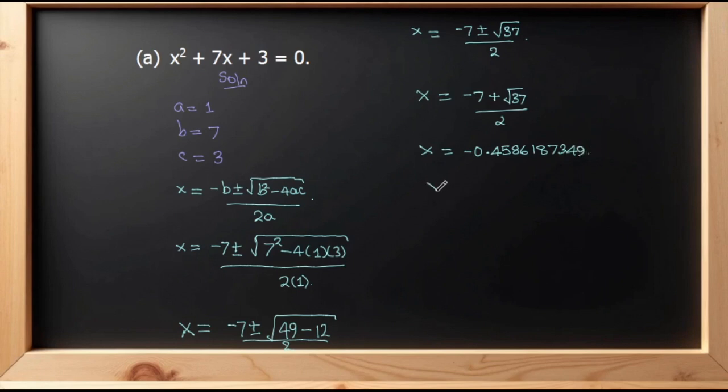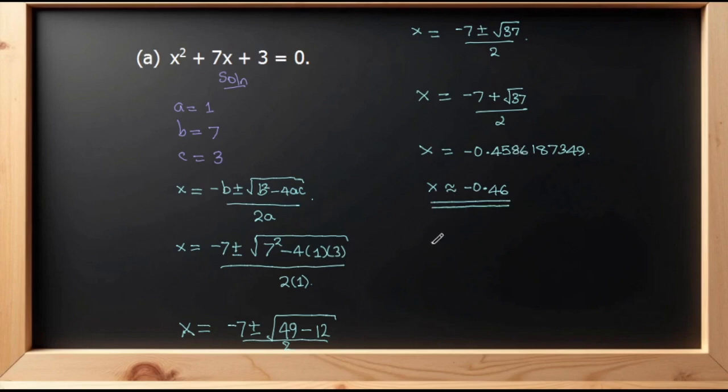Now we can round this to 2 decimal places, so this is approximately negative 0.46. We are using the approximation sign here because we made some error due to rounding to 2 decimal places.